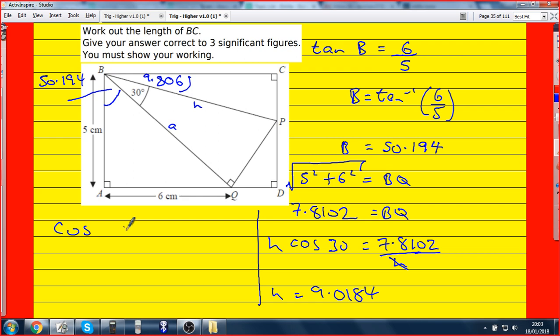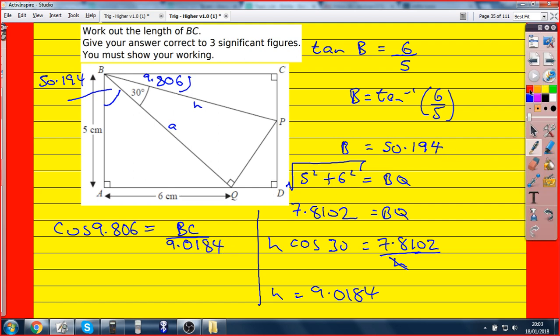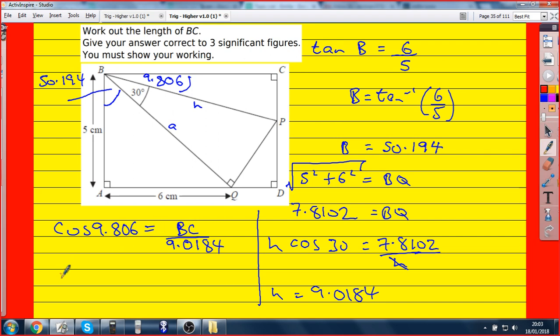Cos 9.806 equals A over H, where H is 9.0184. So then you times by that.